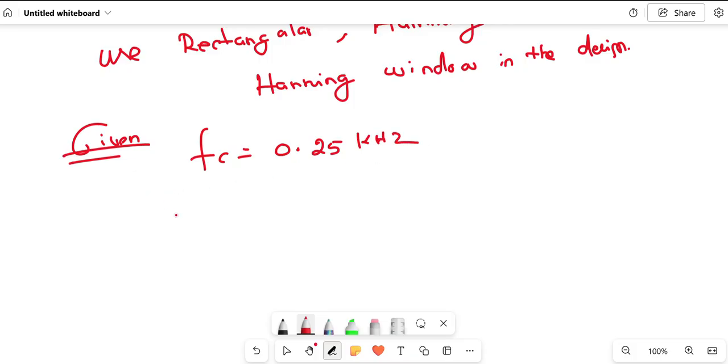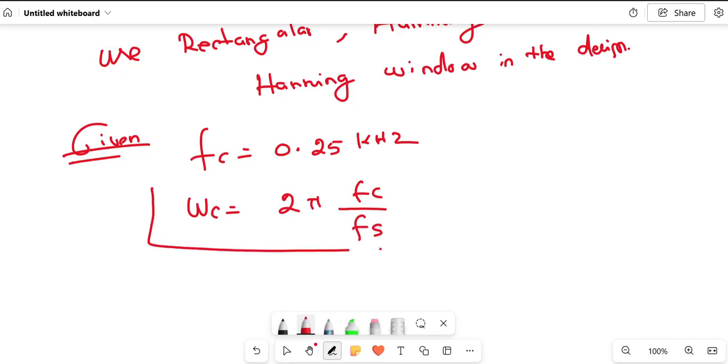So omega c is equal to 2 pi fc by fs. This formula you should know. In the first one we discussed the cutoff frequency given, divided by the sampling frequency.